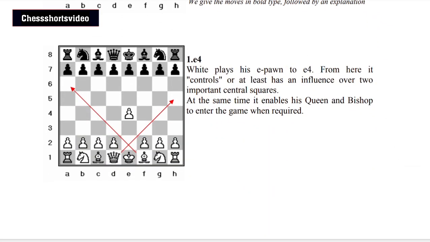Now the queen and bishop can cover in such a way: the 2 diagonals, for the queen from d1 to h5, and for the bishop from f1 to a6.